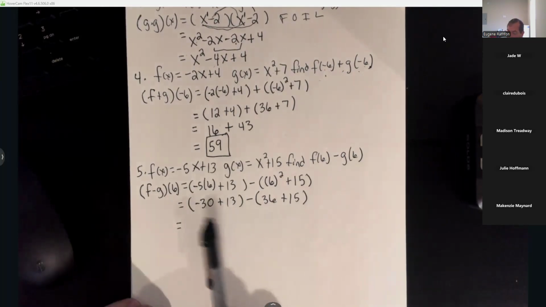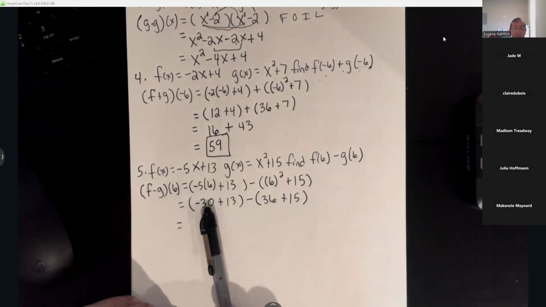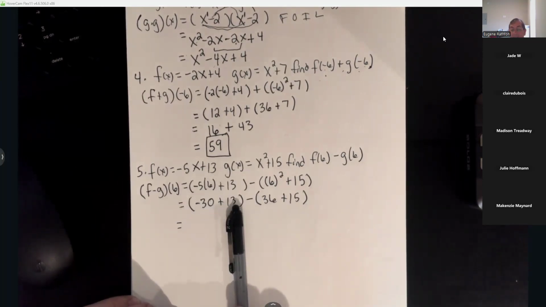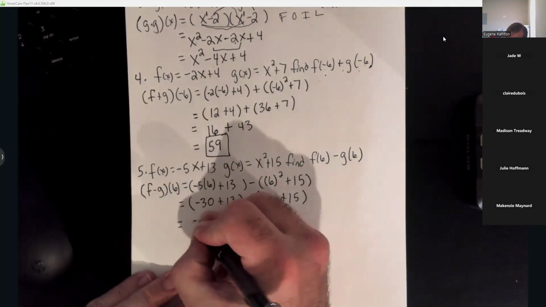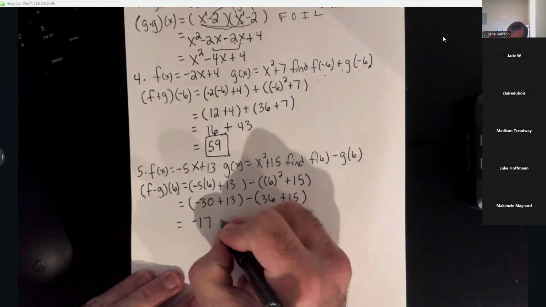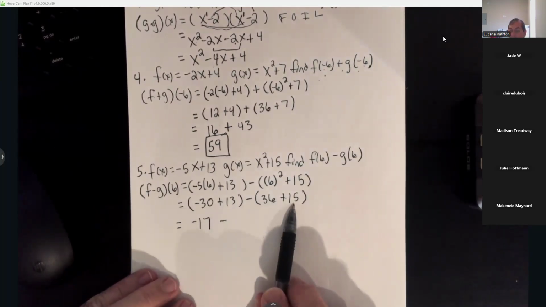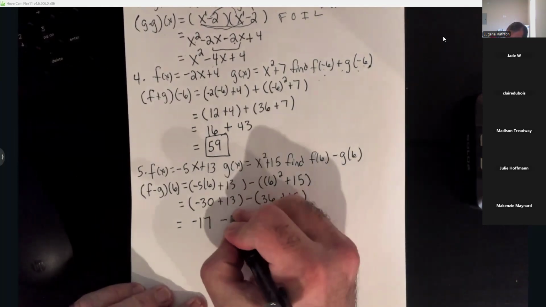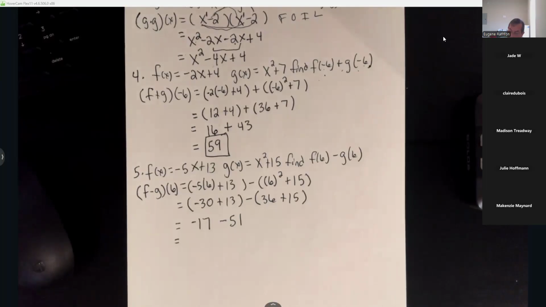Hey, y'all, let's see what we get here. All I got to do in each of these is add. So negative 30 plus 13 is a negative 17. That's going to be minus my 36 plus 15. Oh, what's that? 41, 51. So I've got a negative 17 minus a 51.